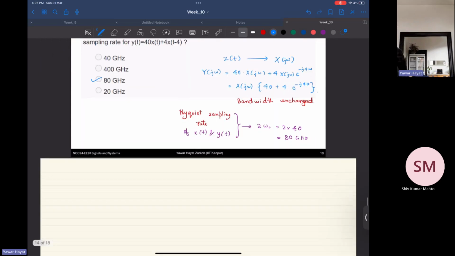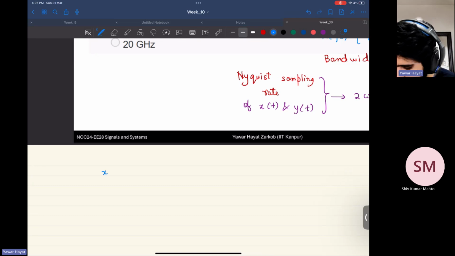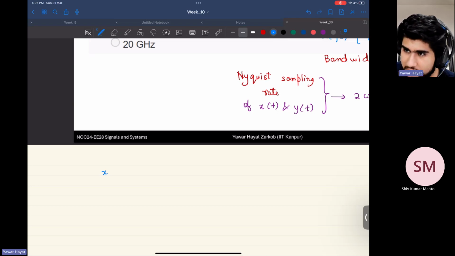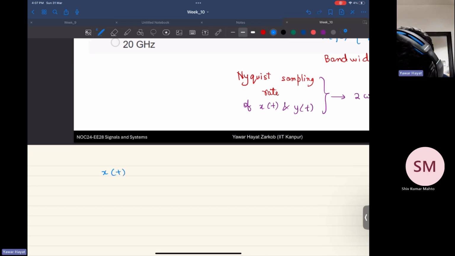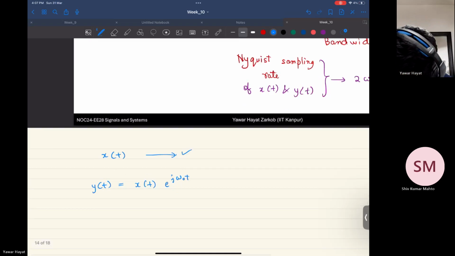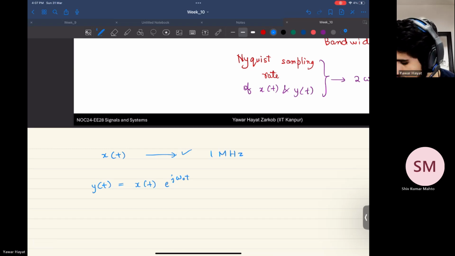Suppose you had some Nyquist sampling rate for x of t, and I asked you, what is the Nyquist sampling rate of y of t, where y of t is given by x of t times e to the power j omega? Suppose x of t had a Nyquist sampling rate of 1 megahertz. What would be the Nyquist sampling rate of y of t?